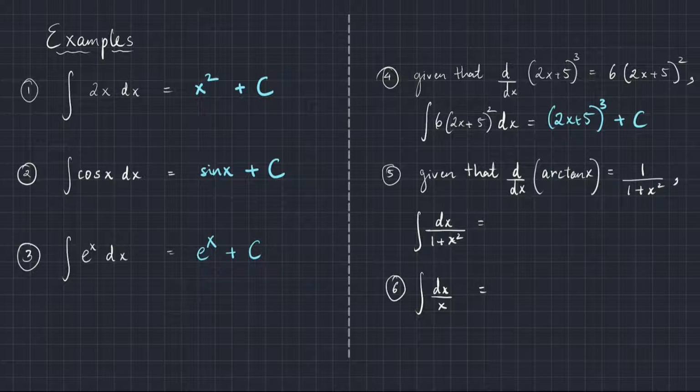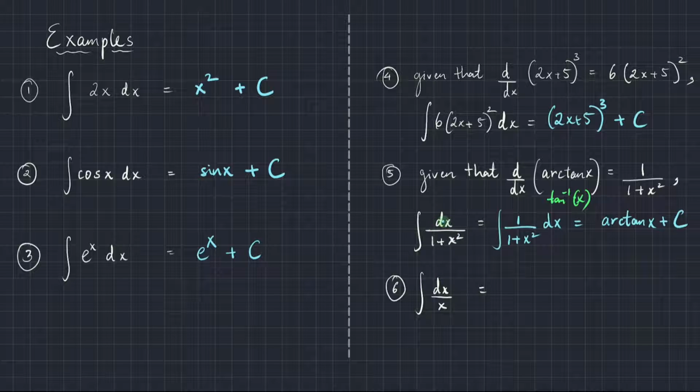Another way to write arc tan x is tan inverse x, but I'm just going to use arc tan x throughout this series. So, since the derivative of arc tan x is 1 over 1 plus x squared, we can say that the integral of 1 over 1 plus x squared dx is arc tan x. Are we forgetting something? Yes, that is the constant of integration plus c.